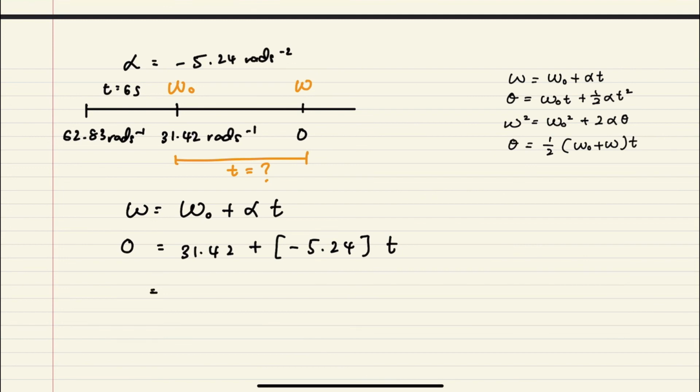So you bring 31.42 to the other side, it becomes positive 31.42 divided by 5.24. So time taken is 5.996, or 6.00 seconds.